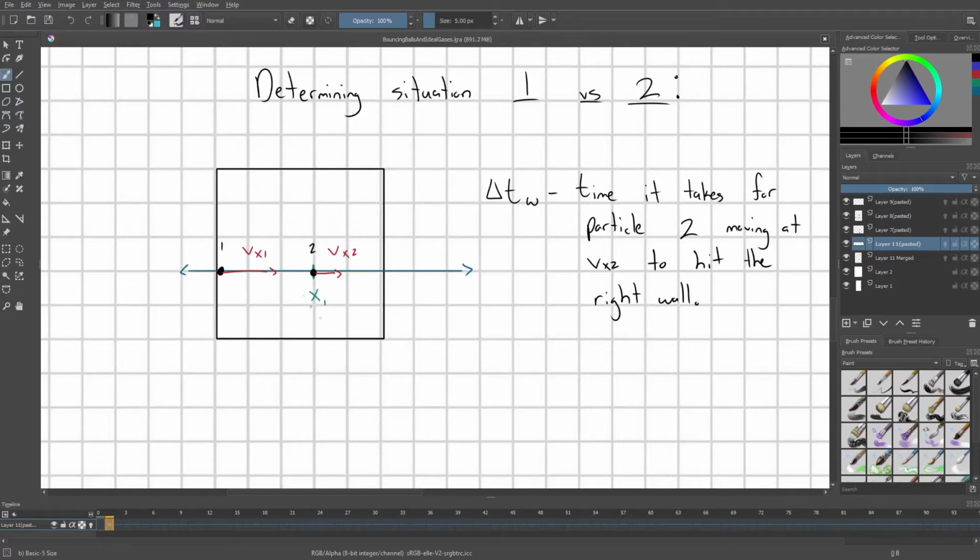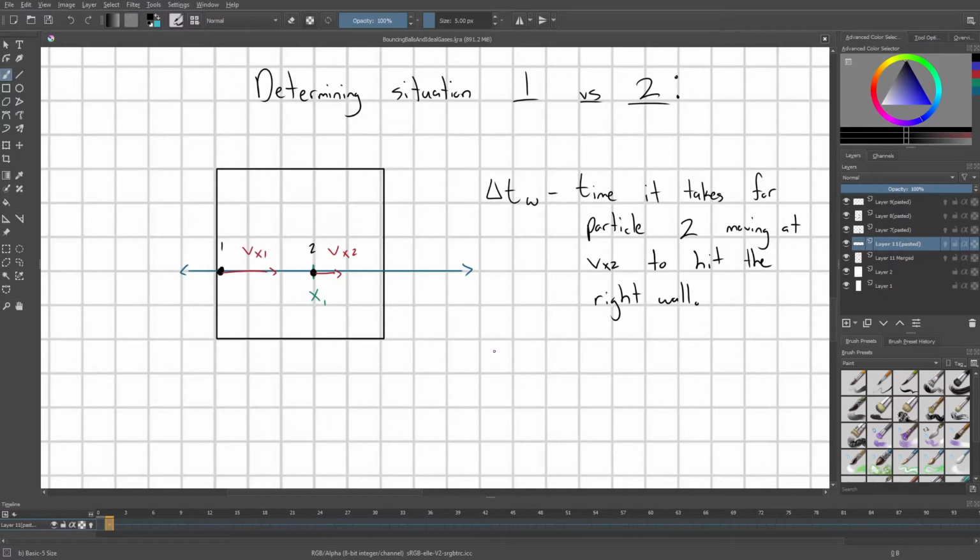Imagine that I covered up this particle over here. If I just let this go, this particle here would hit the wall over a certain amount of time. I'm going to call that delta tw. Okay?